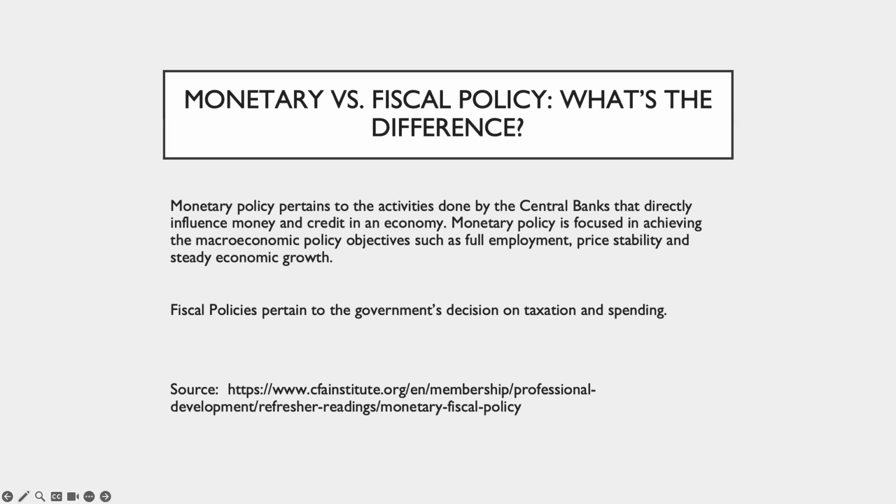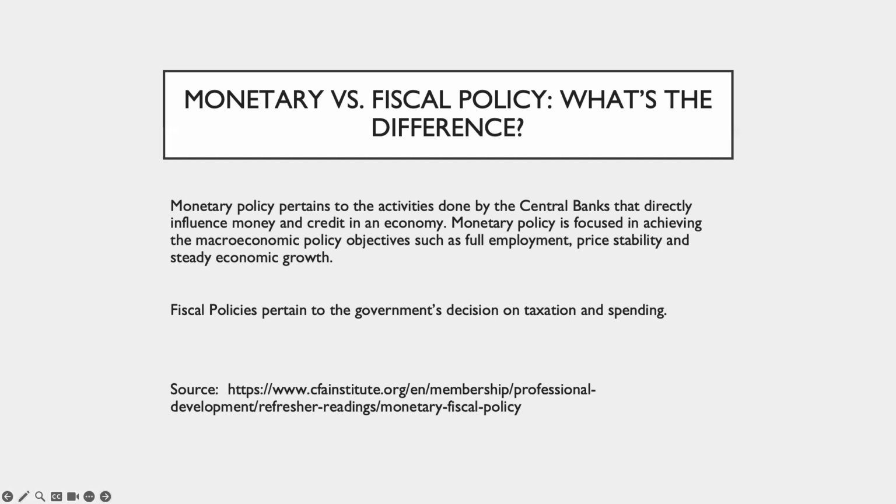But what these two have in common is that both monetary and fiscal policies are used to regulate economic activity over time. Both can be used to accelerate growth when an economy starts to slow down, and to moderate growth when an economy starts to overheat.